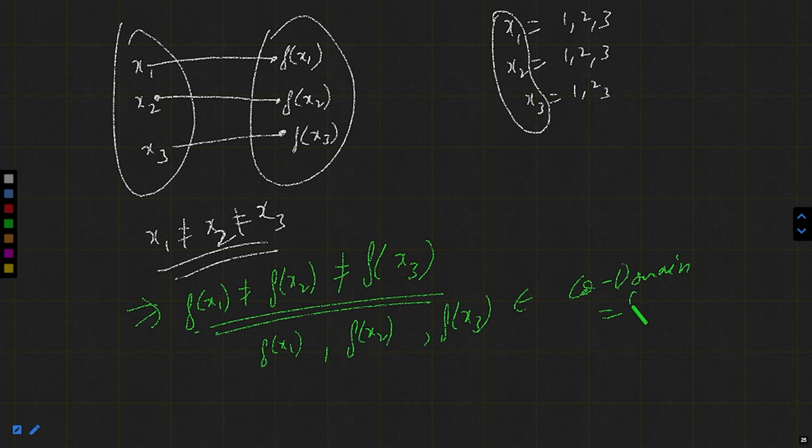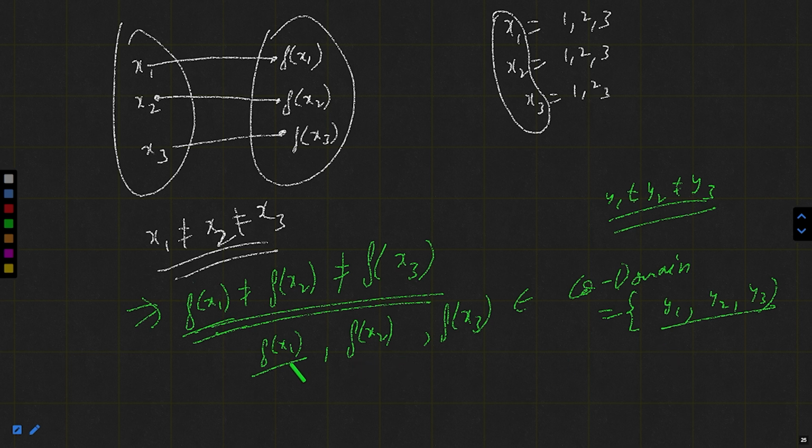And in the codomain set, if you recall, you have y1, y2, y3, and we know y1 is not equal to y2, not equal to y3. Because these are all different elements, f of x1 can be either one of them.